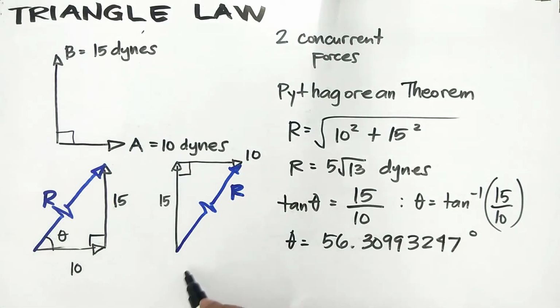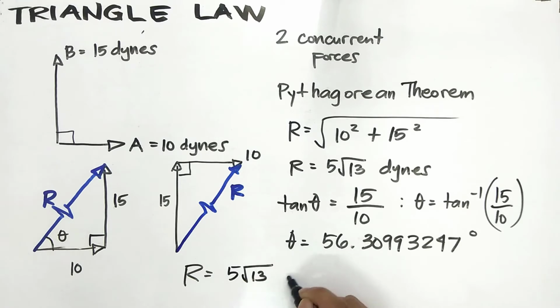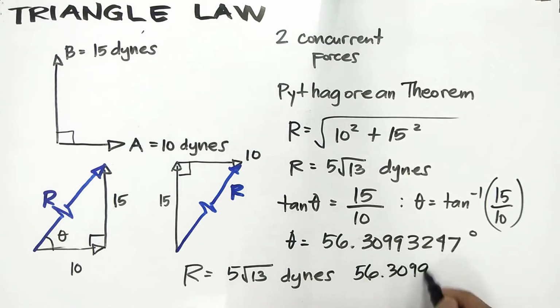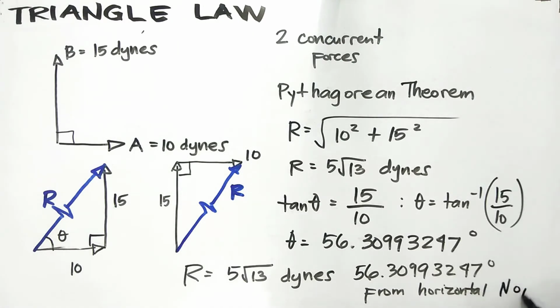Thus, our resultant with its magnitude and direction is equal to 5 square root of 13 dynes, 56.30993247 degrees measured from the horizontal. Or you can replace this expression from horizontal by north of east.